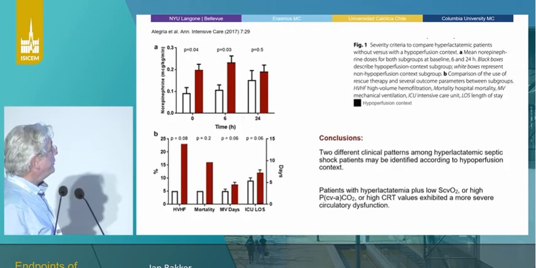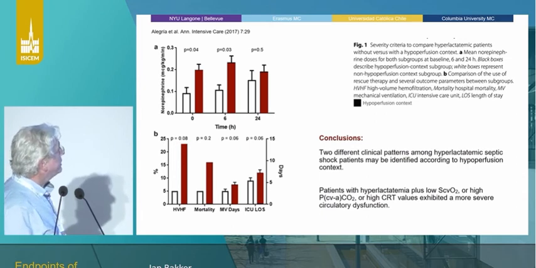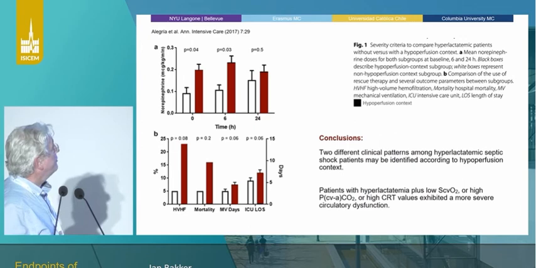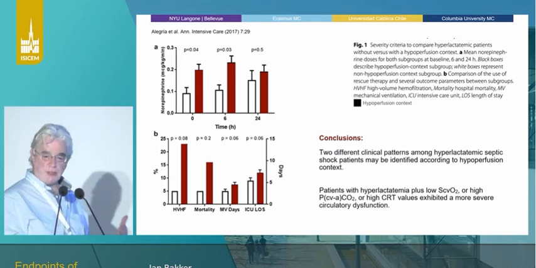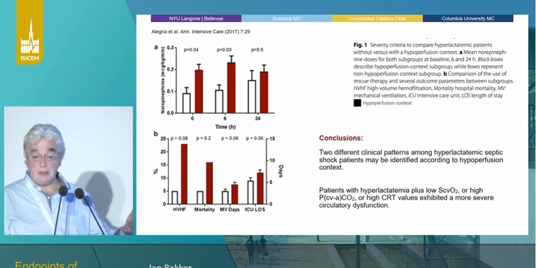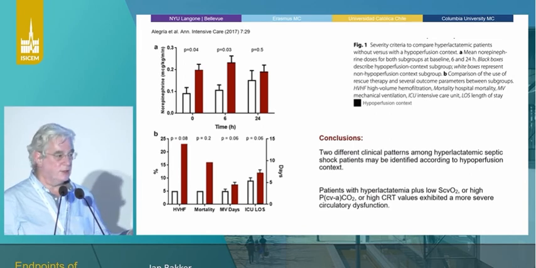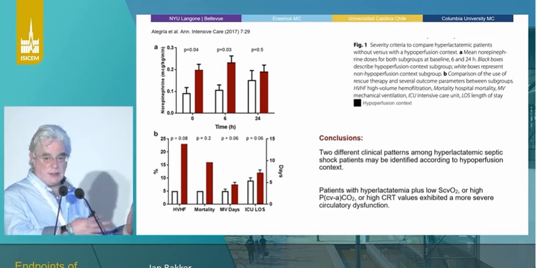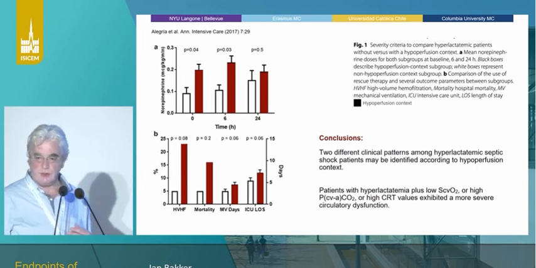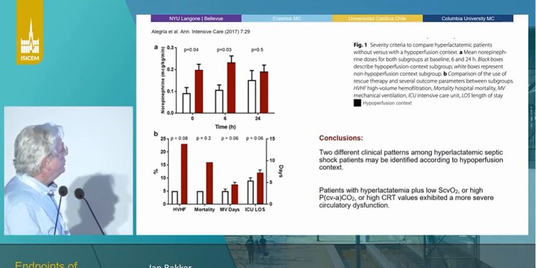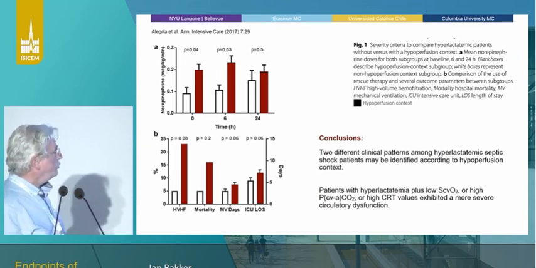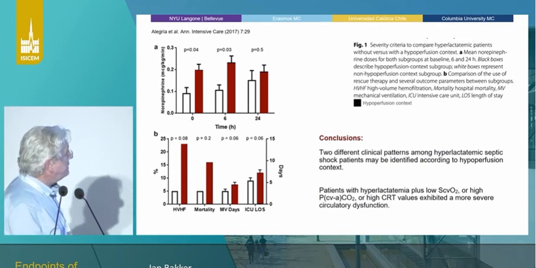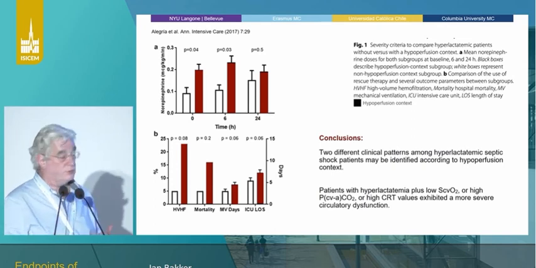Not all differences are statistically significant, but if you have hypoperfusion and lactate, you need more norepinephrine to maintain your blood pressure. More high-volume hemofiltration was used as a rescue therapy, and that's in addition to what Mark just presented: when you think this is refractory shock, the patient is not responding anymore, what we do in Santiago in Chile is high-volume hemofiltration, so this is basically an indicator that the patient was not responding anymore.